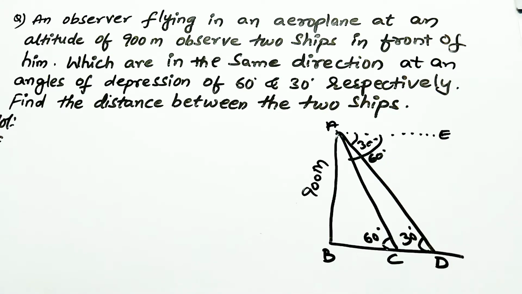And what we have to find? We have to find out the distance between these two ships. What is the distance between your two ships, BC and CD? Just give BC as x distance, CD as d distance.